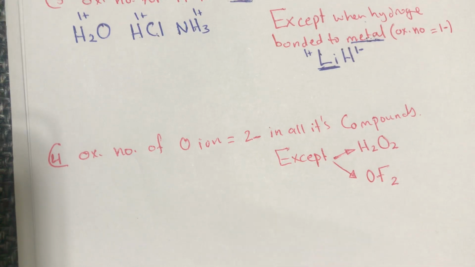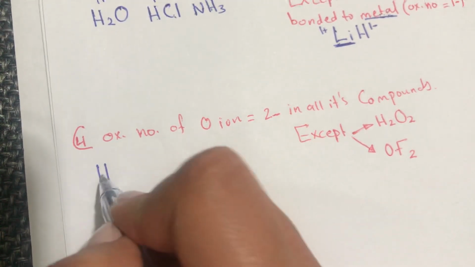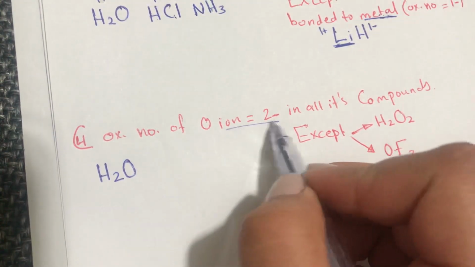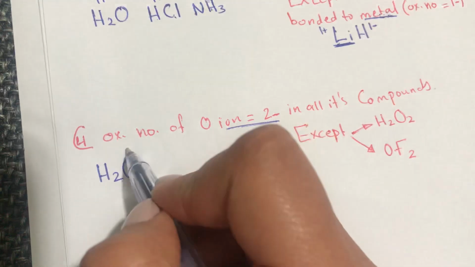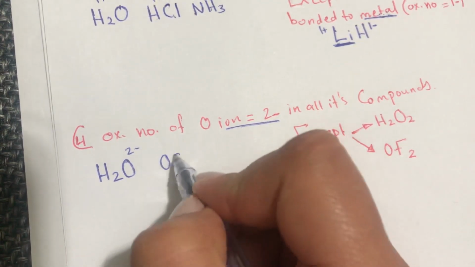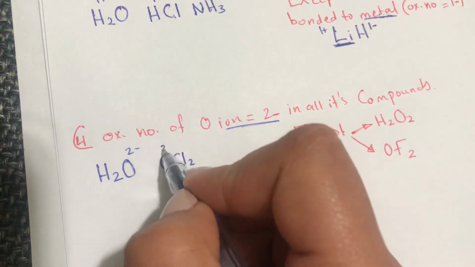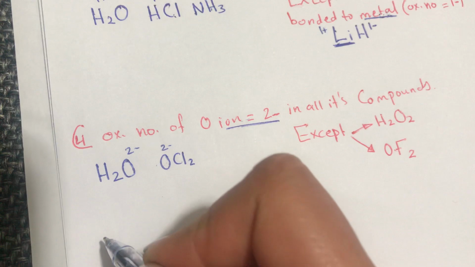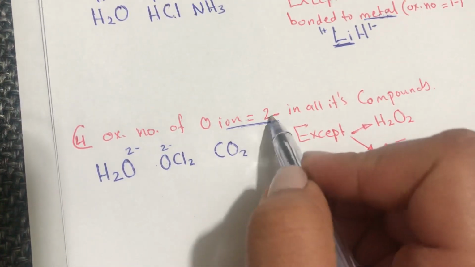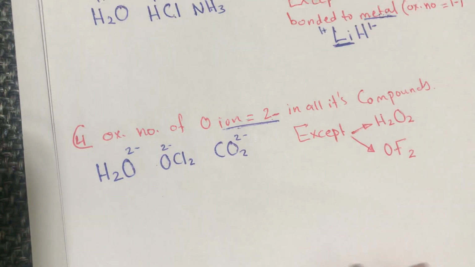So for example, H2O, the oxidation number of oxygen equals -2. OCl2, the oxidation number of oxygen is -2. Carbon dioxide, the oxidation number of oxygen is -2.